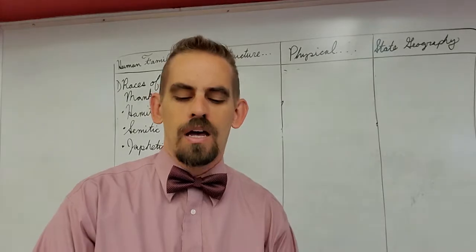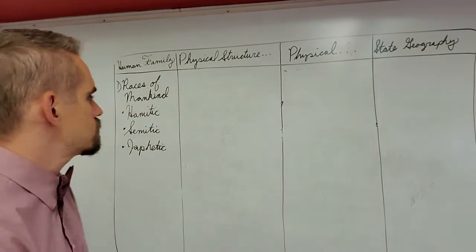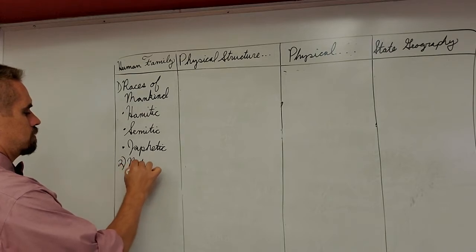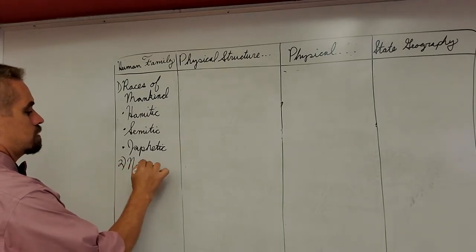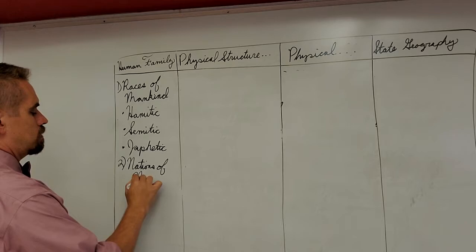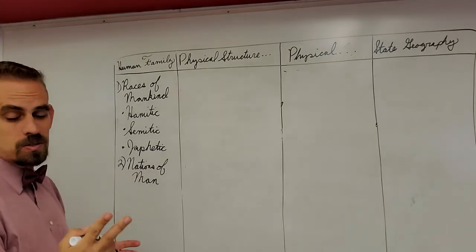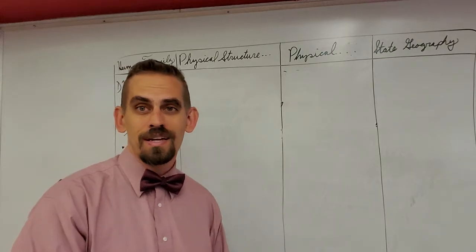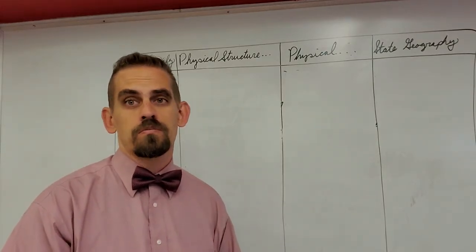What kind of nations do we have? So we'll write number 2 here. Nations of man. Basically 2 types. You're ruled either tyrannically or you're self-governed.